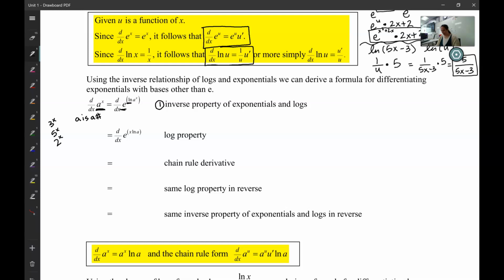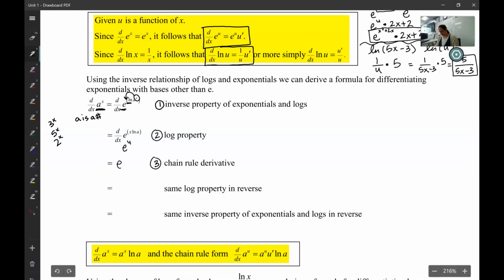And the reason I'm adding that in is because now, step 2, I can use my log property where I take my exponent and put it in front. Now, step 3, I can use my chain rule. So this is e to the u.